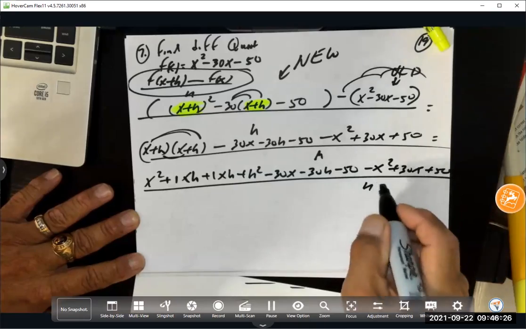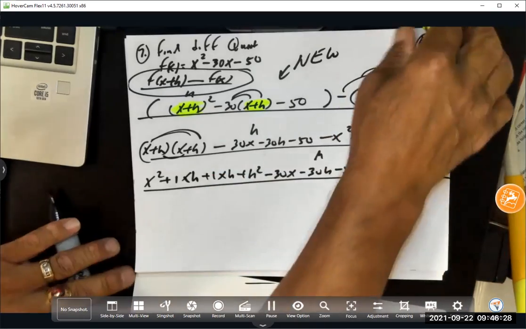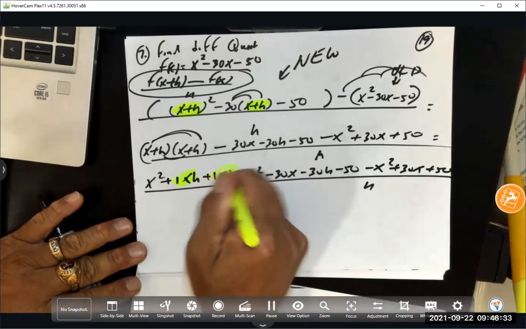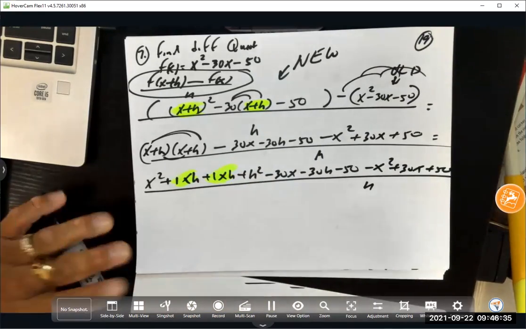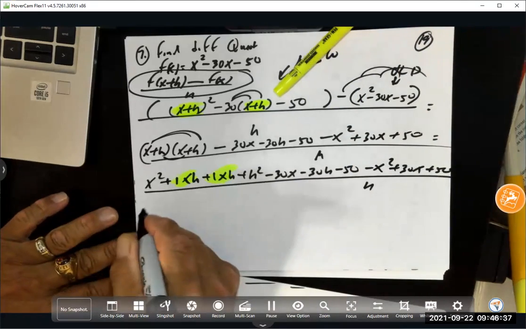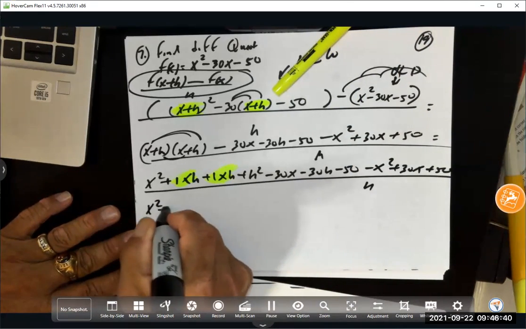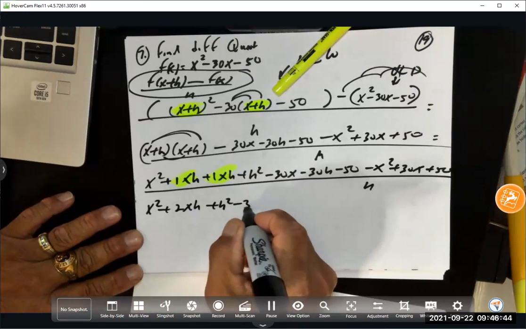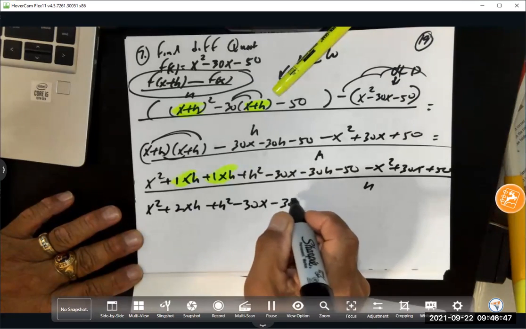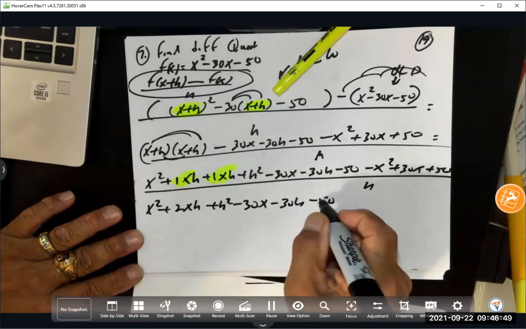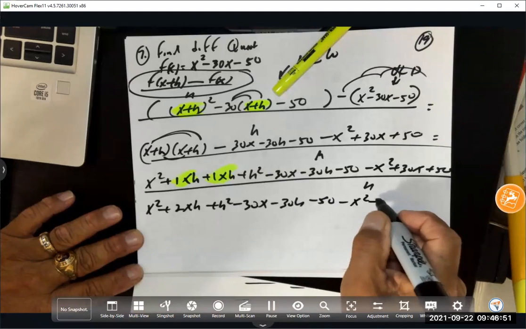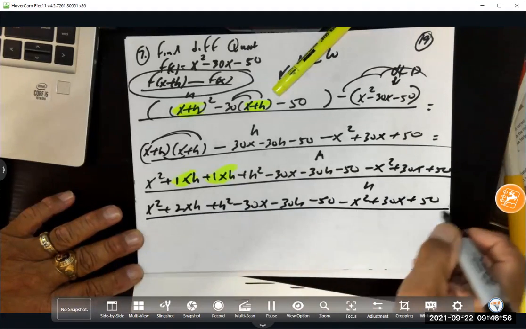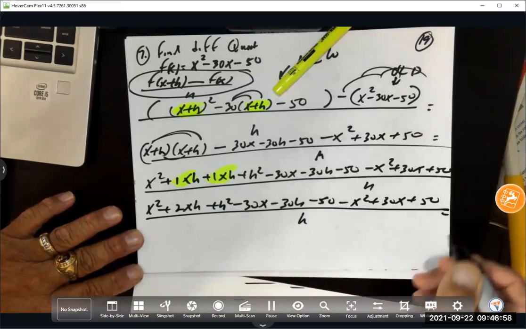Now I told you earlier that 1xh and 1xh, I can always put those together. What is that? 2xh, exactly. It's going to be x squared plus 2xh plus h squared minus 30x minus 30h minus 50 minus x squared plus 30x plus 50, all over h.